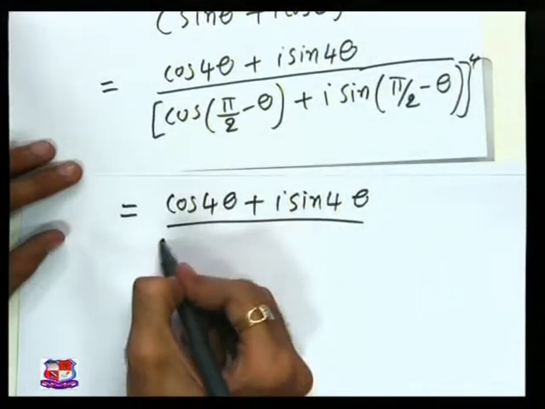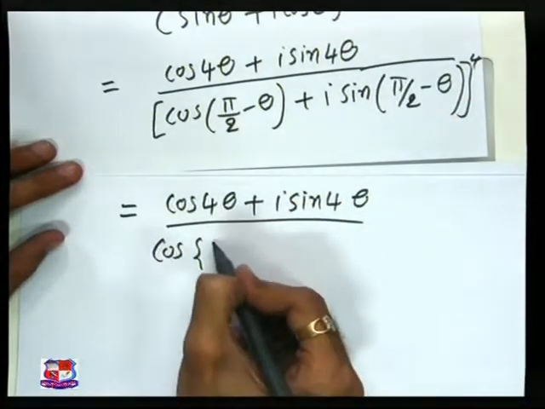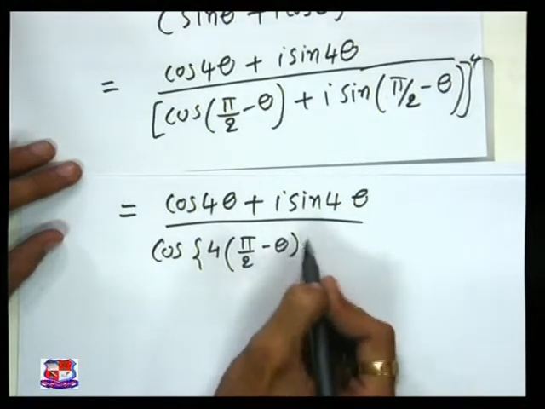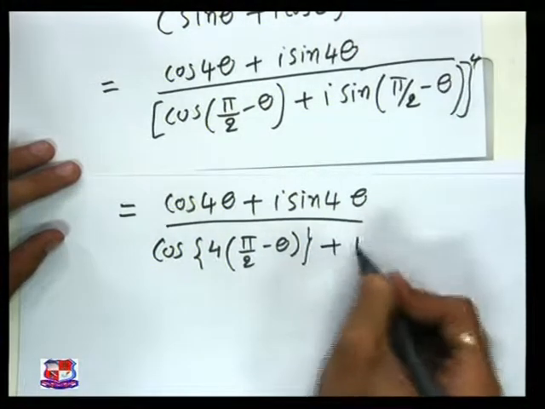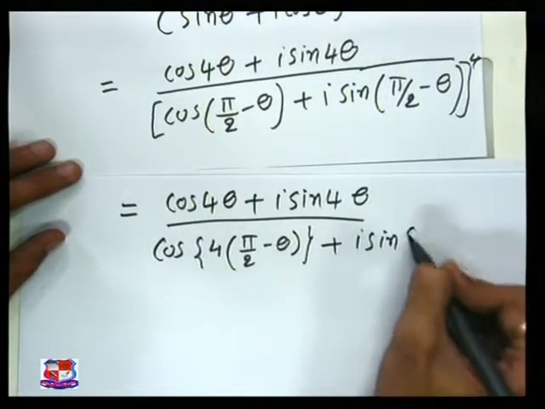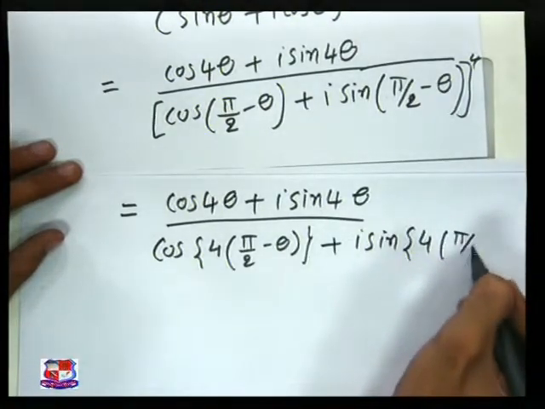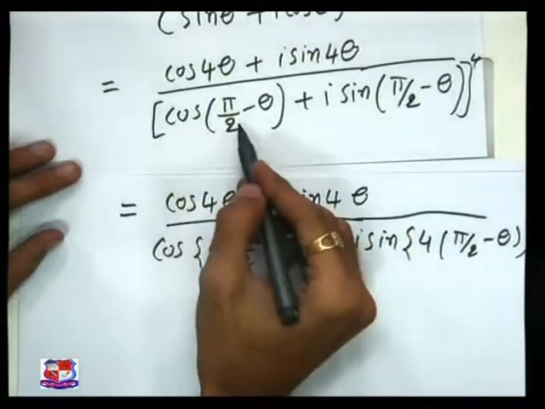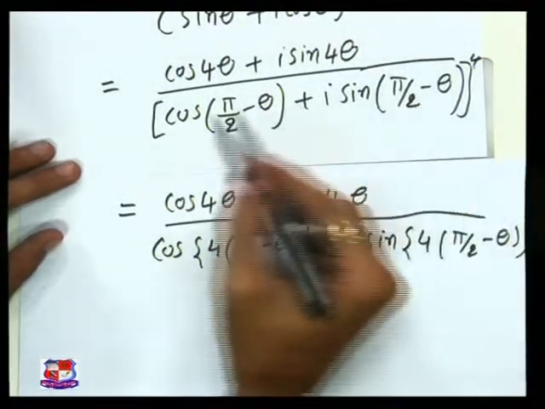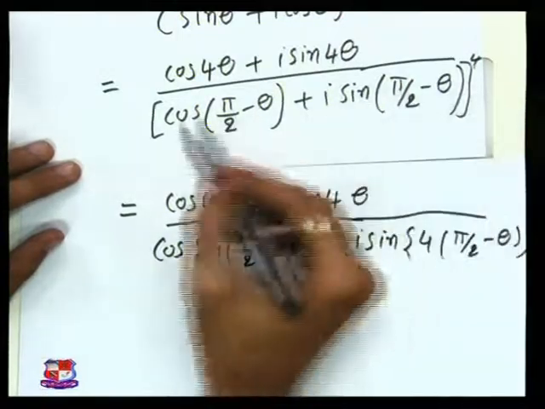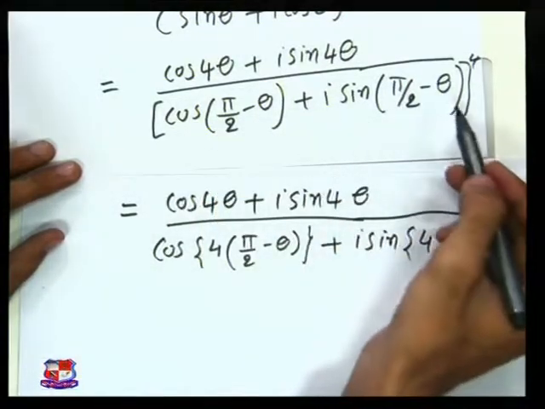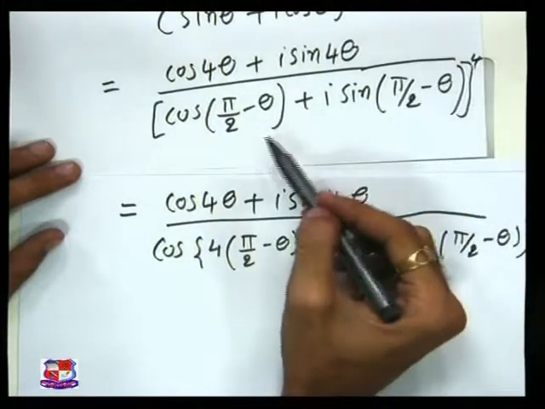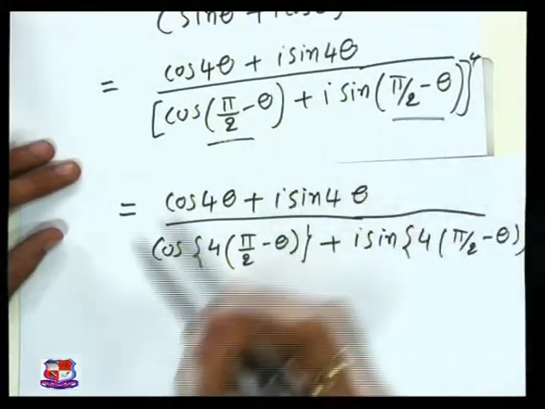So this is cos 4(pi by 2 minus theta) plus i sin 4(pi by 2 minus theta), because (cos theta plus i sin theta)^n is equal to cos n theta plus i sin n theta. This is De Moivre's theorem. So I can multiply 4 with this part and this part.